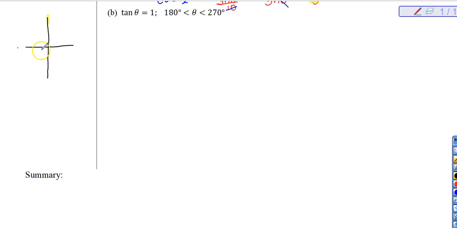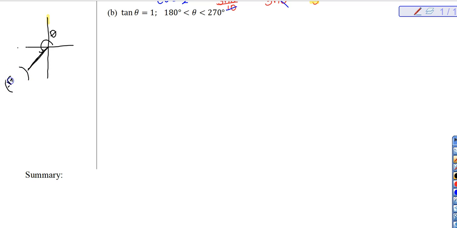So what I know is tangent of theta equals 1 on all of the 45-degree reference angles. So in quadrant 3, I'm talking about this angle right here. So this is angle theta. And if my tangent is 1, then that means my cosine and my sine are the same.